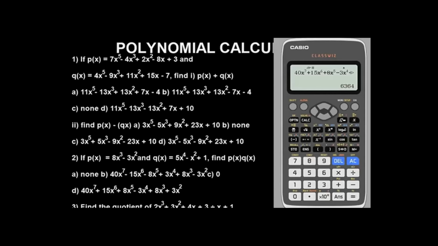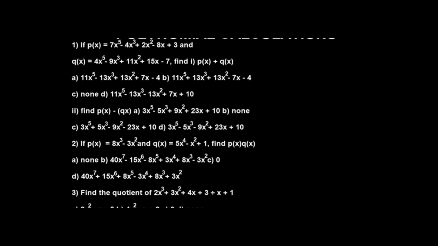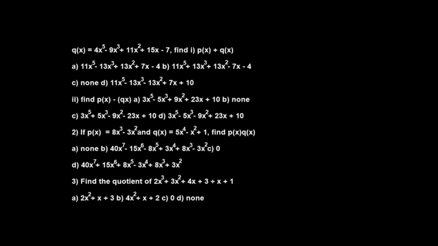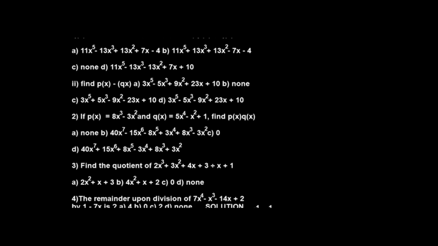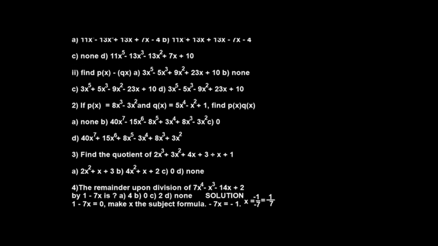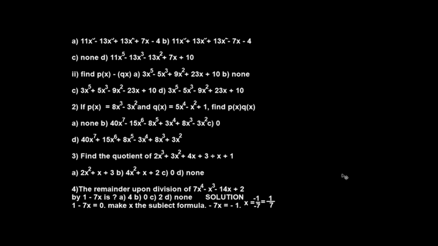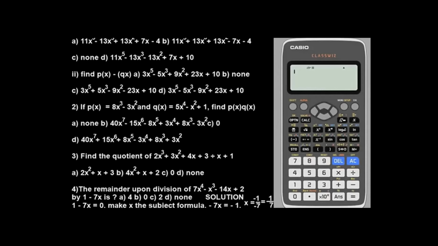Let's go back to the quotient, which is the division part of it. Very interesting, guys. Let me go up and bring out the remaining questions. Now, question 3 says, find the quotient of this polynomial.